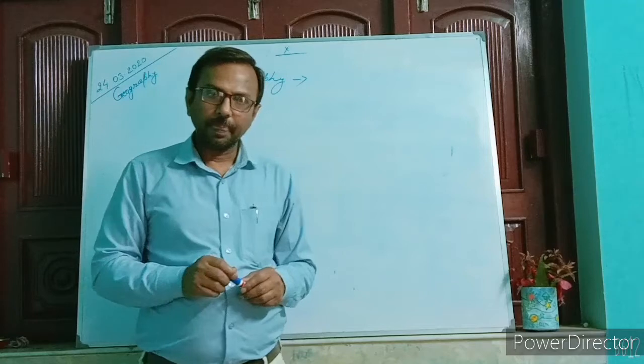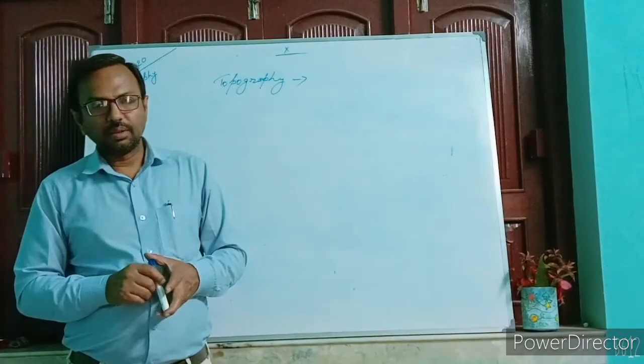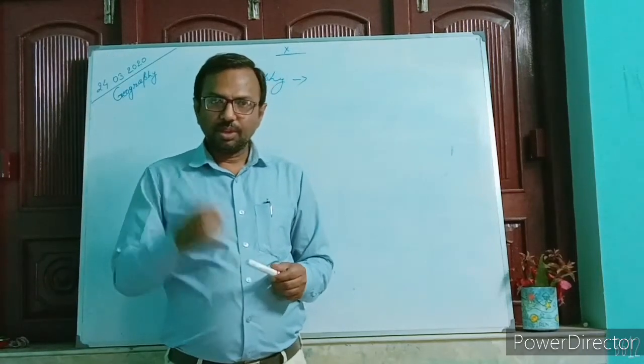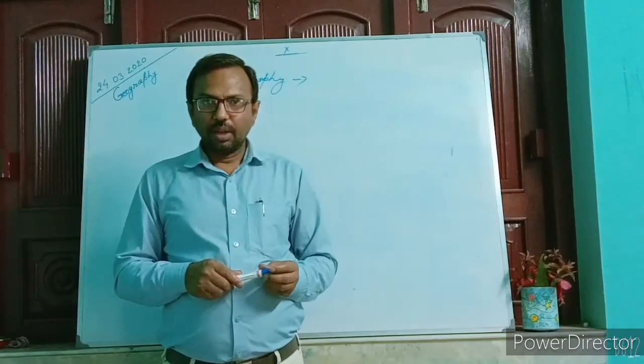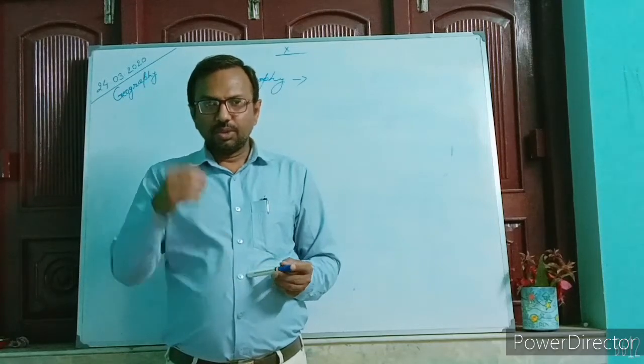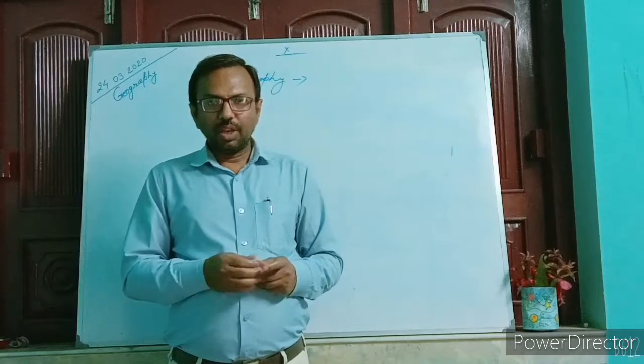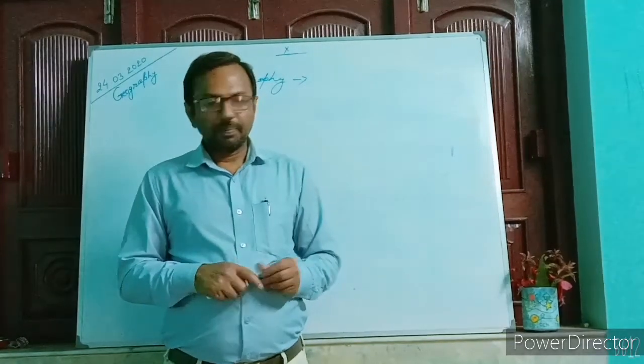You know, all kinds of map depend on the scale. So, topographical map has also its own scale, and that is used practically, that is used universally. We say the universal scale.